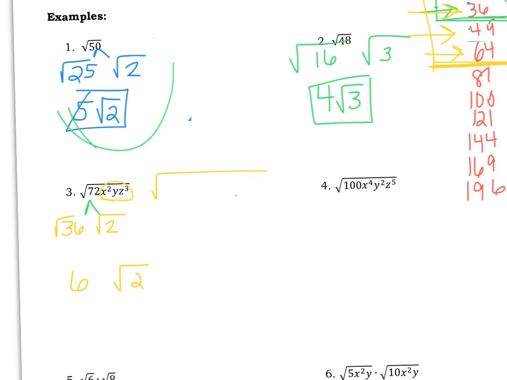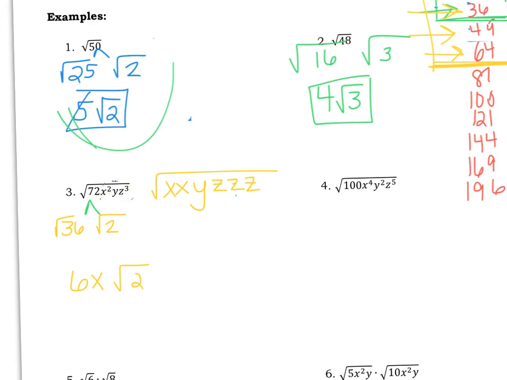Your teachers last year might have made you expand them: x, x, y, z, z, z, and make you circle all your groups of 2. A square root means 2, so you just take that number and divide by 2. So if x squared, divide that by 2, so 2 divided by 2 is 1, so 1 x is free, the rest are gone. When you have odd numbers, you have to force it to be an even number first, if you can.